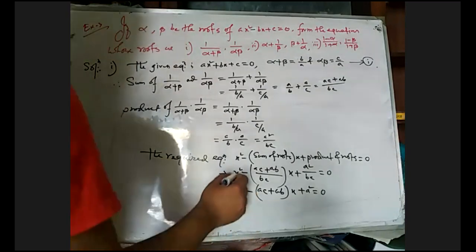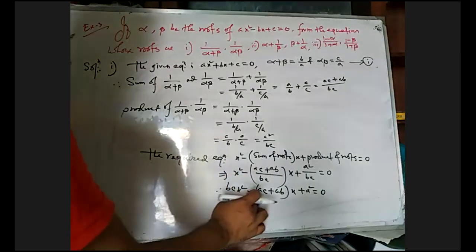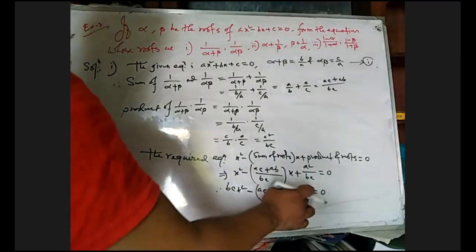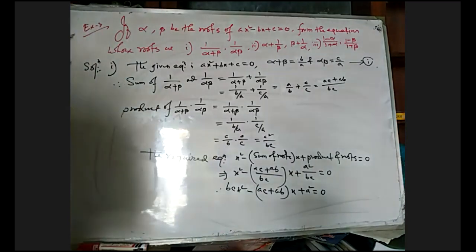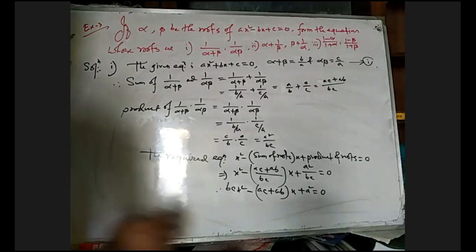There is a mistake. Just multiplying by bc on both sides, we get bc x square minus ac plus ab into x plus a square equals to 0. This is actually the required equation.